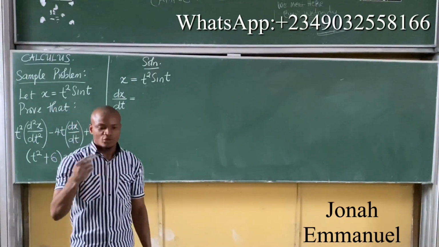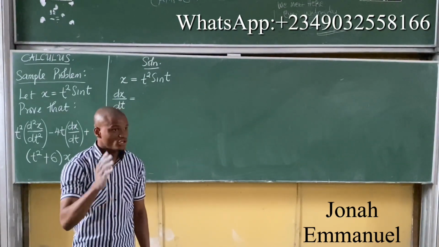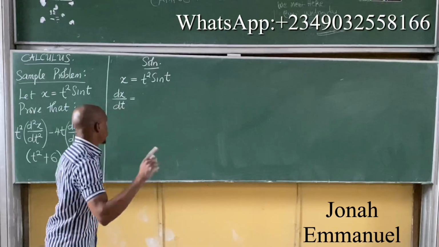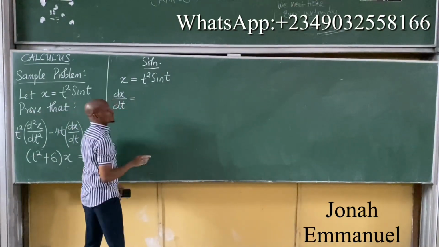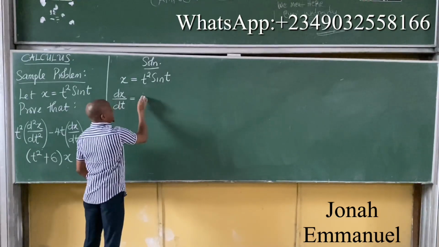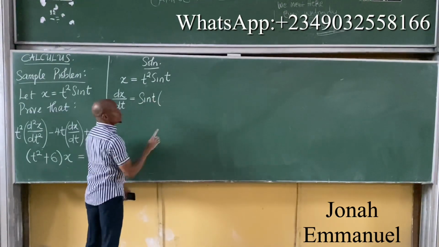What's the product rule formula? v du/dx plus u dv/dx. So hold on now, what's your v? Sine t. So this is v. Next up, du/dx.